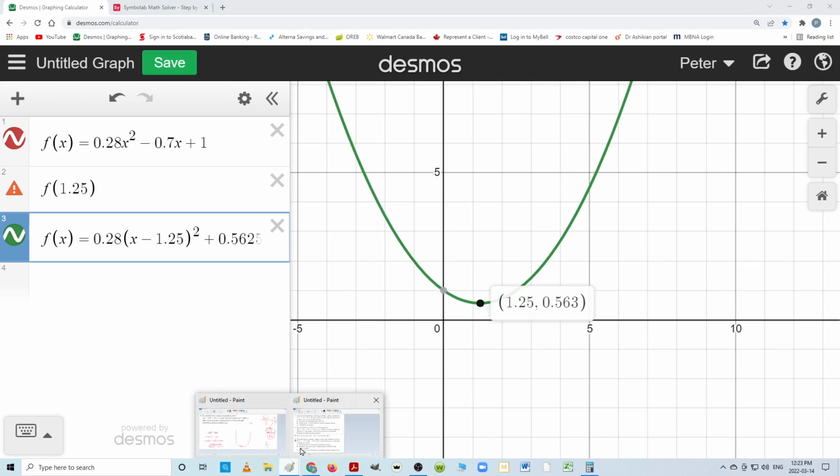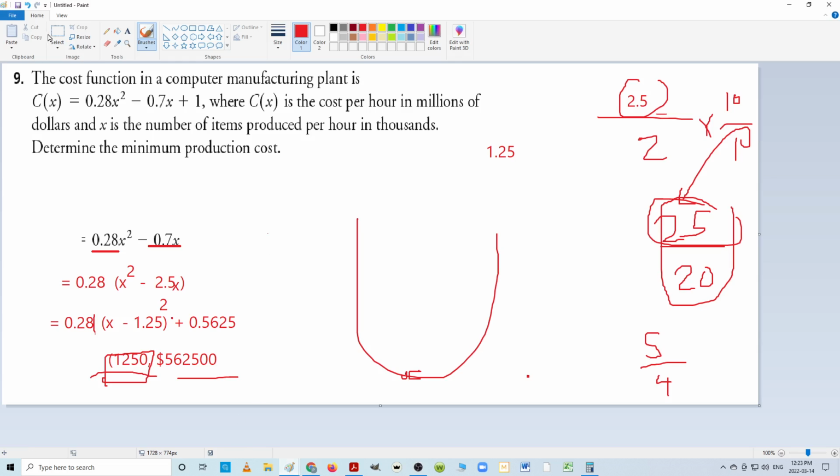Now, keep in mind, way back here, instead of using decimals, I could have also used this fraction I found out, minus 5 over 4. And that might have made things a little bit easier, because then I would discover that the number I have to subtract is the square of that, 25 over 16.